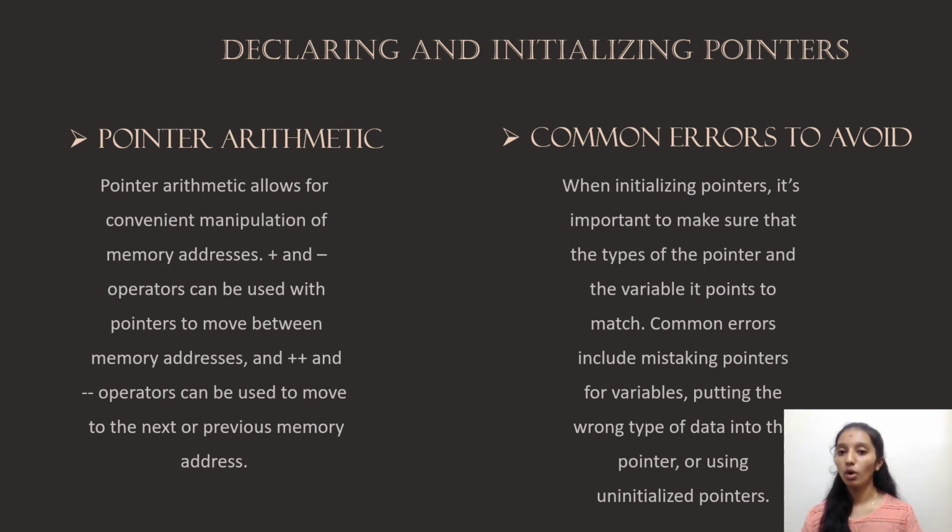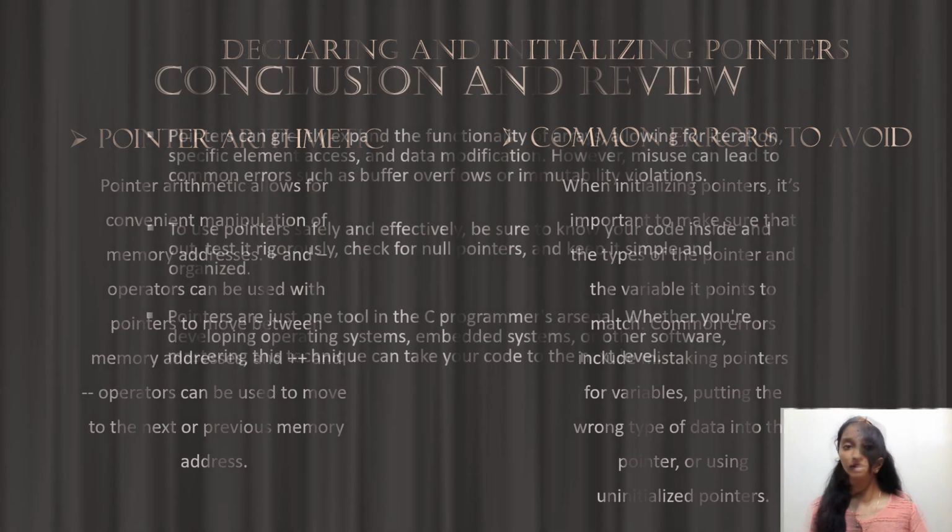Common errors to avoid. When initializing pointers, it's important to make sure that the types of the pointer and the variable it points to match. Common errors include mistaking pointers for variables, putting the wrong type of data into the pointer, or using uninitialized pointers.